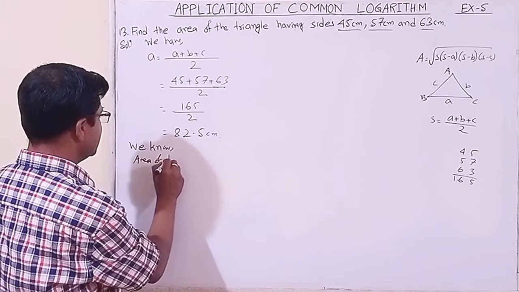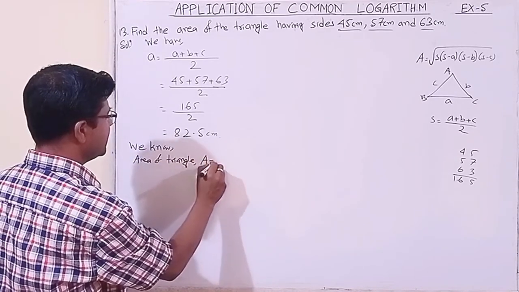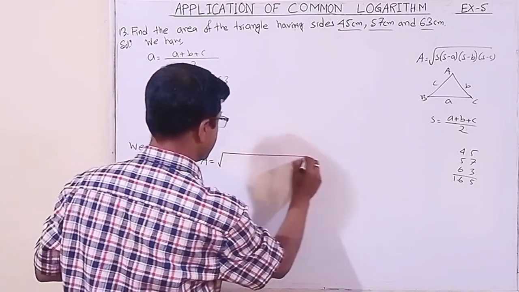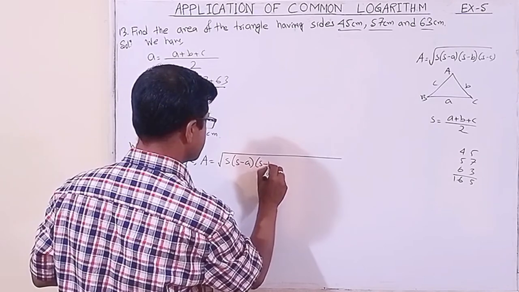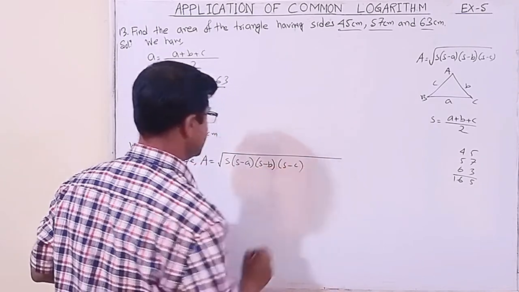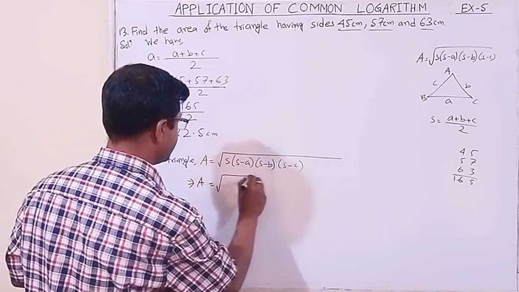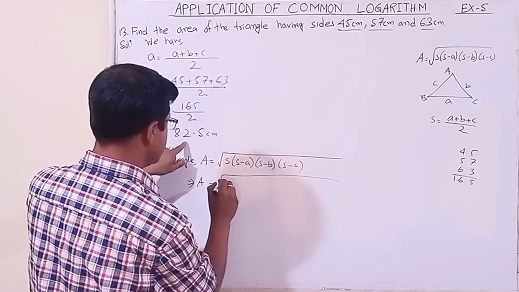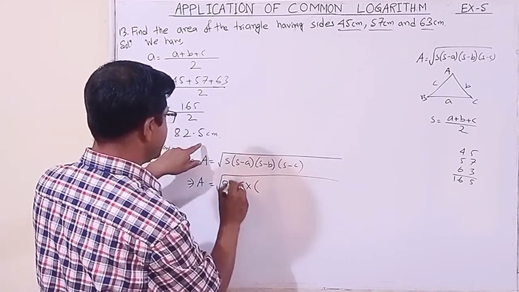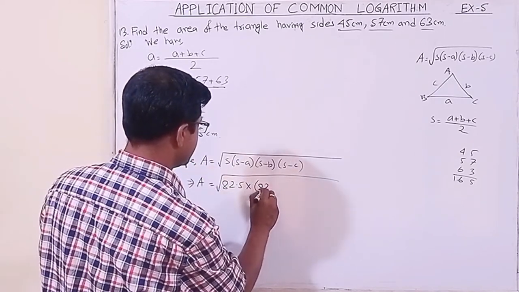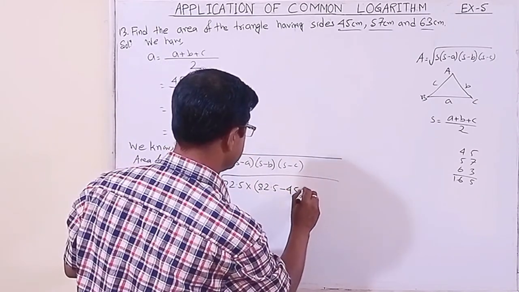We know area of triangle, let us take the symbol be A, equals square root of s into (s minus a) into (s minus b) into (s minus c). Okay, so let us subtract the values. s is 82.5, into s minus a, a is 45, that is 45.0.